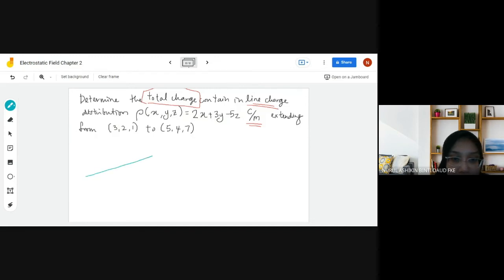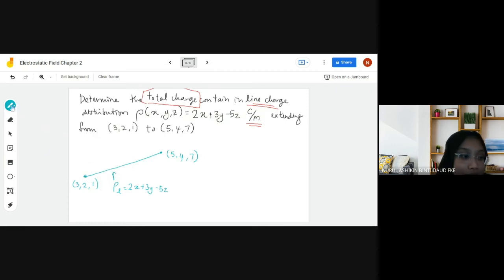Let's say that you have a line here, and one point is 3, 2, 1, and the other point is 5, 4, 7, and the question asks you to find the total charge contained in this line, where rho L is equal to 2x plus 3y minus 5z. So this is the equation for this line charge distribution.